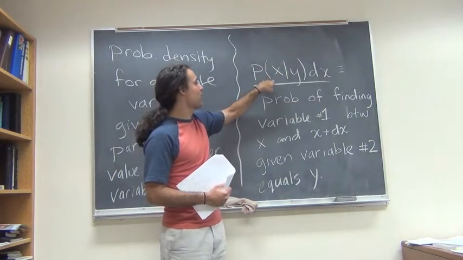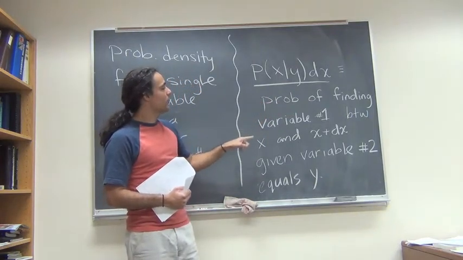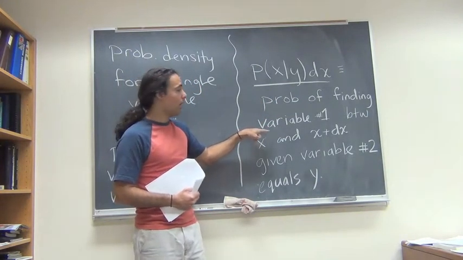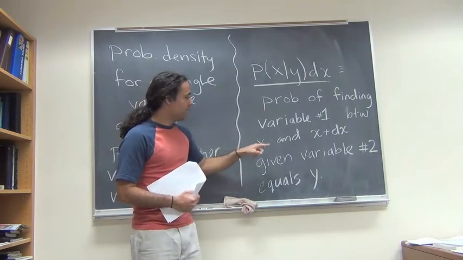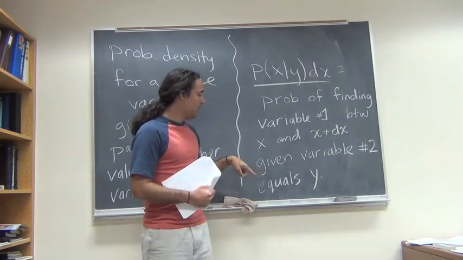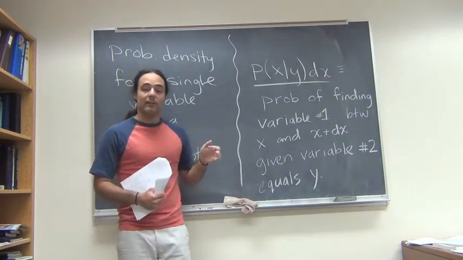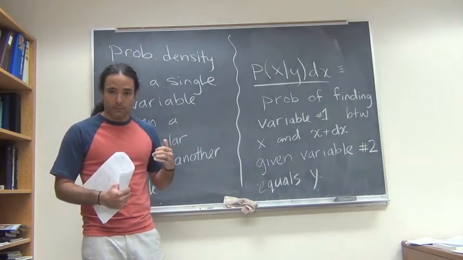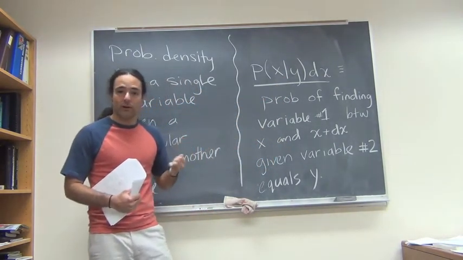We read this as probability of x given y, dx. That's going to be the probability of finding variable number 1 between x and x plus dx, given that variable 2 is equal to y. We call this conditional probability because it depends on the condition that y has some certain value.